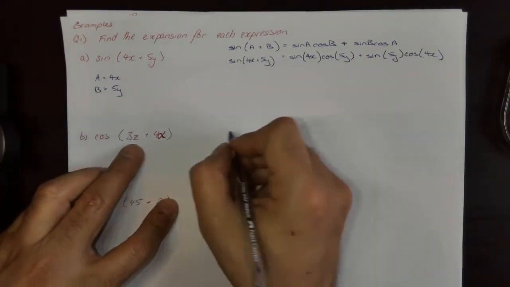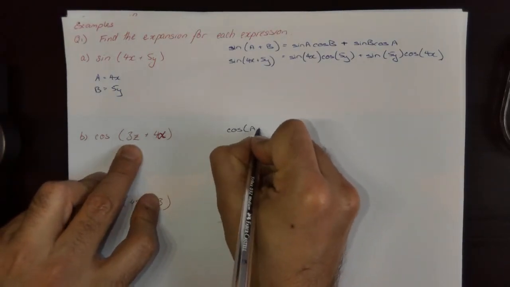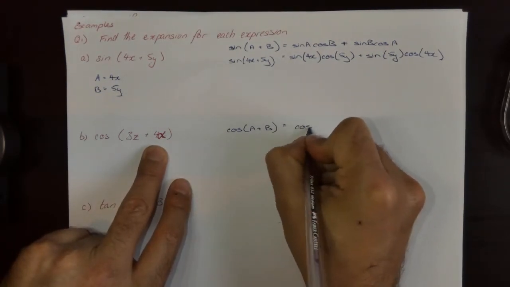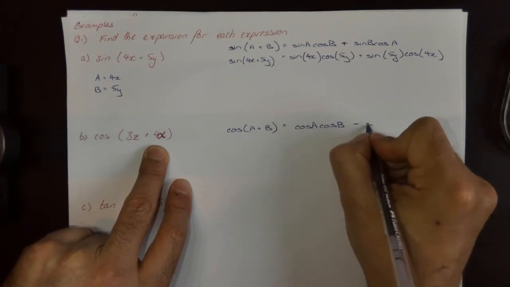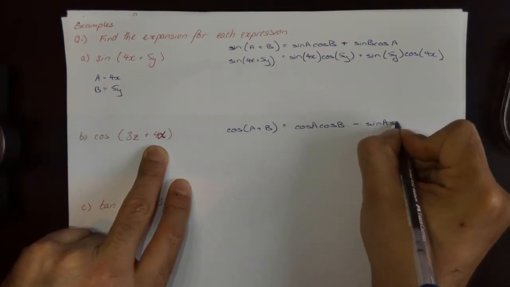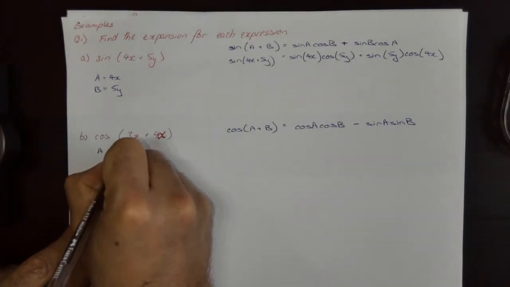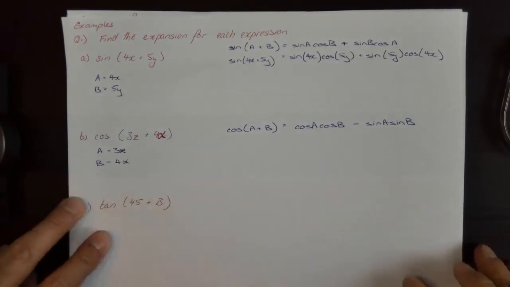Now here we've got cos, adding two angles. So that's going to be cos A cos B minus sine A sine B. In this case, A is 3z and B is 4 alpha.